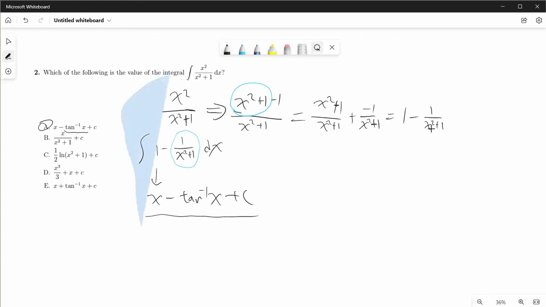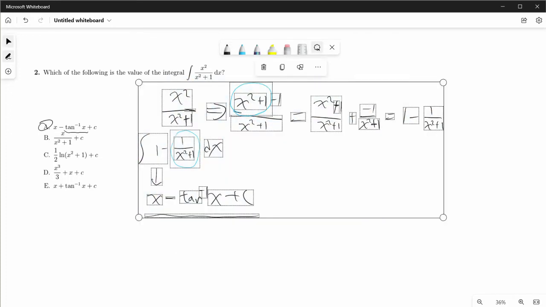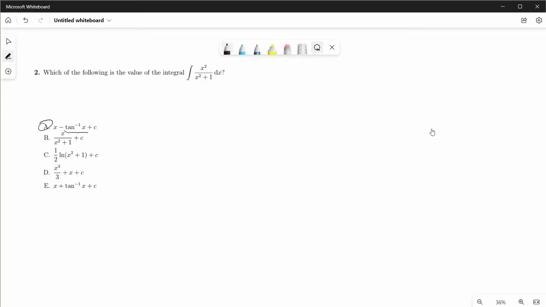But what if you don't know what to do here? You're kind of stuck, you're like, maybe you can do trig sub since there's a perfect square. Or you could take the square root and then square it. That actually makes the problem a lot more complicated and you just lose a lot of time.